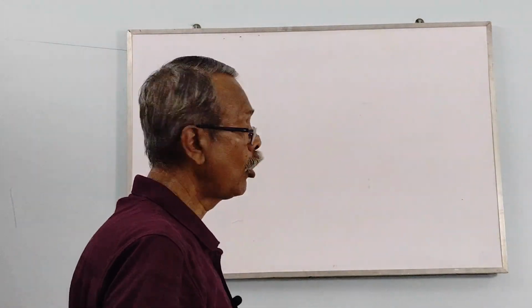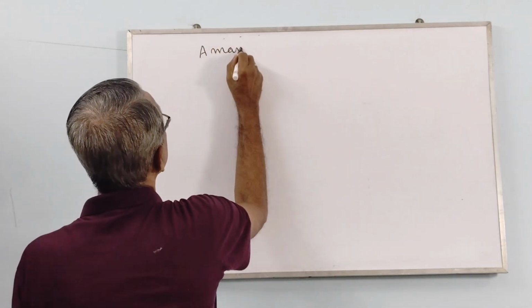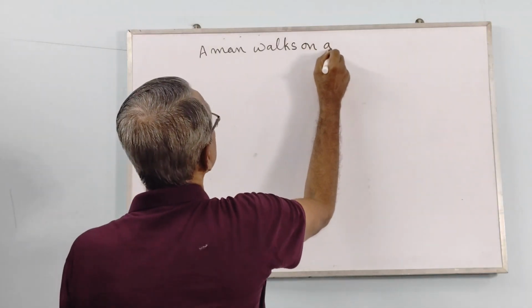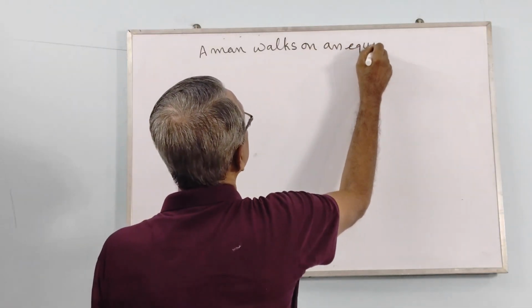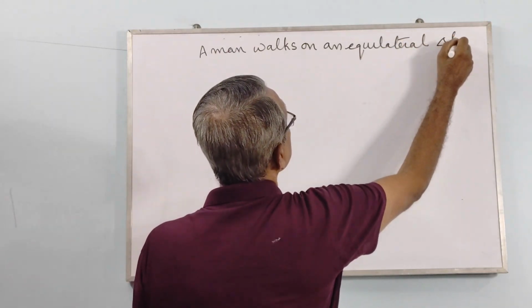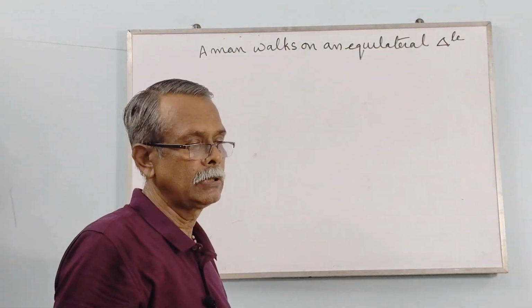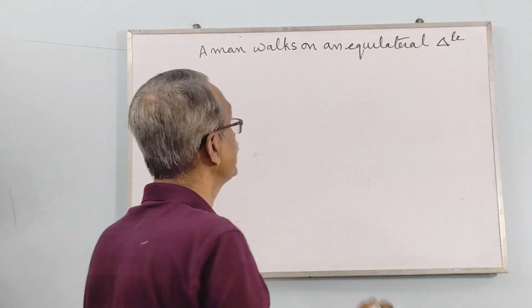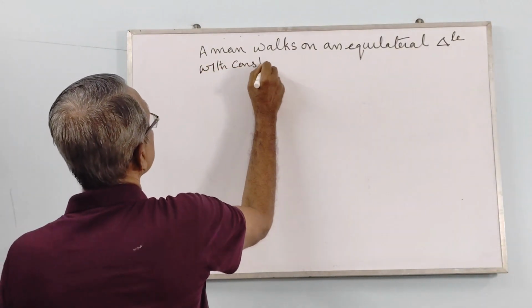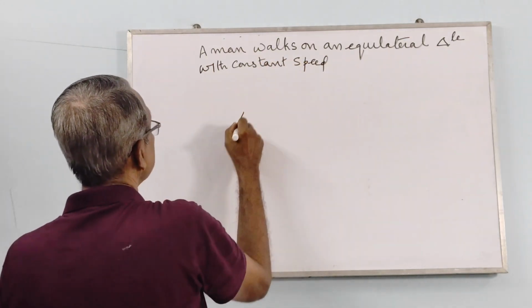A man walks on an equilateral triangle along the path ABC with constant speed. The figure is given.